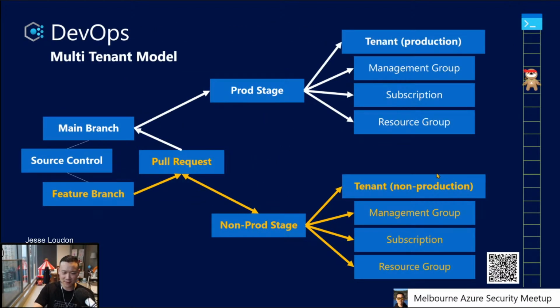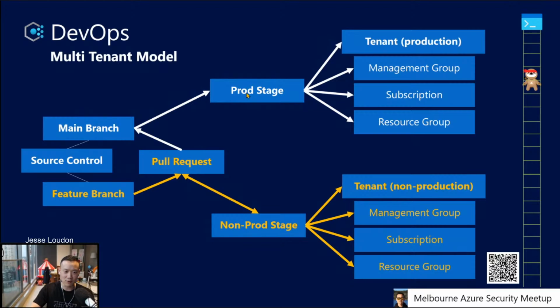DevOps, let's cover this. This is really in terms of actual production use. I think you may be wondering how you may set up your DevOps CICD model. So typically what I've worked with is a single source control repo for policies, and there's a main branch there.